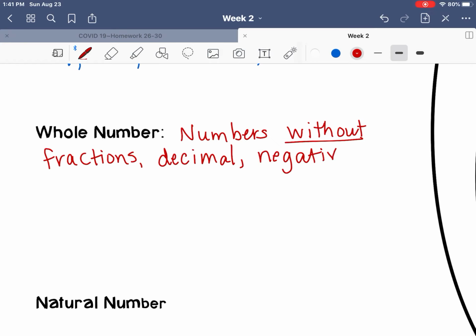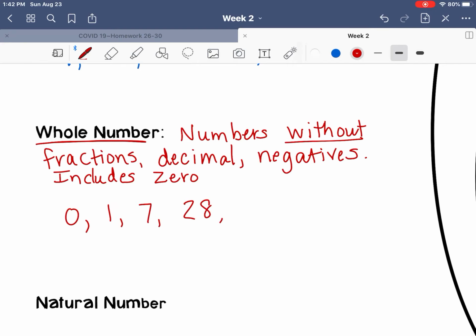If it's a negative number, it's considered an integer. So this set is smaller still than the set of integers and a lot smaller than the rational number category. Some examples. Oh, and this set also includes 0. So some examples of whole numbers are 0, 1, 7, 28, 13 million. Any number that's just a whole number.